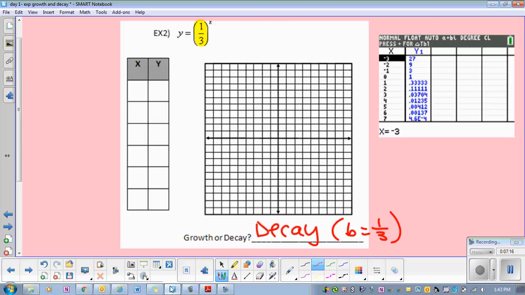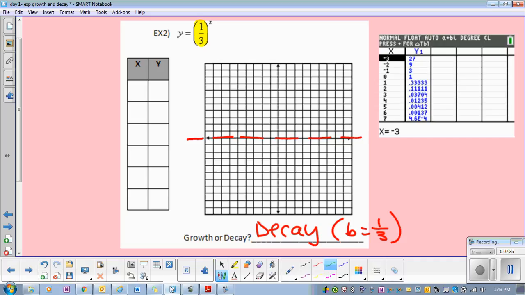So I'm going to draw a little dotted line at my asymptote, because that is like an invisible line that the graph can't cross.